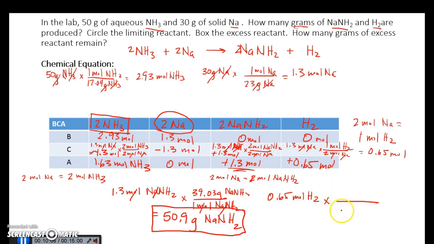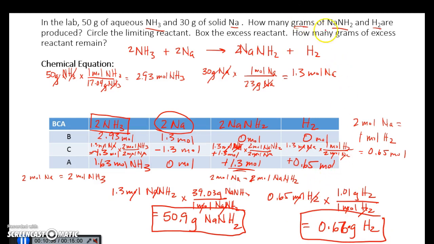I look at my periodic table and I know for every 1 mole of H2, it's 1.01 grams of H2. These cancel out, and if I do my calculations, it works out that I have 0.66 grams of H2.